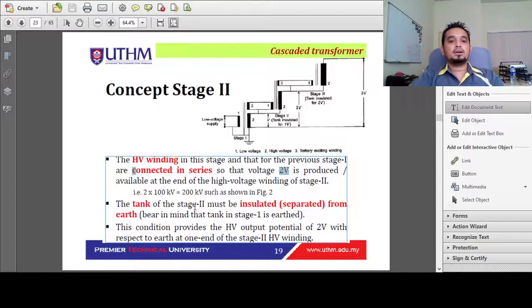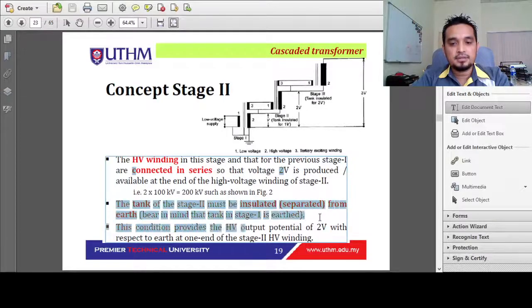So the tank of the second stage must be, bear in mind, this is something that you need to know, in fact, that the tank of the second stage must be insulated. This is the idea behind it. The first one we connect to the ground; the second, the third, the fourth, the fifth, and so on are not connected to the ground. They must not be connected to the ground. Why?